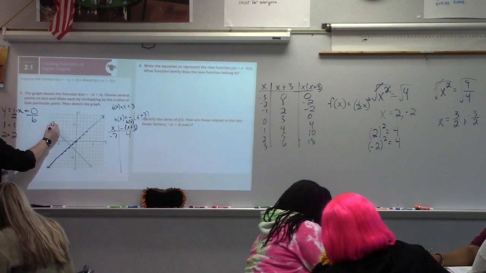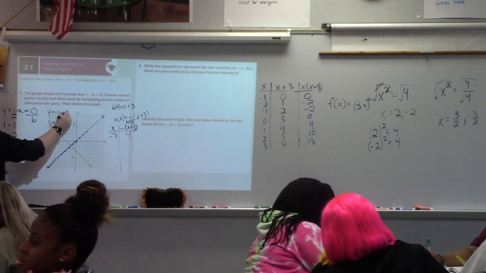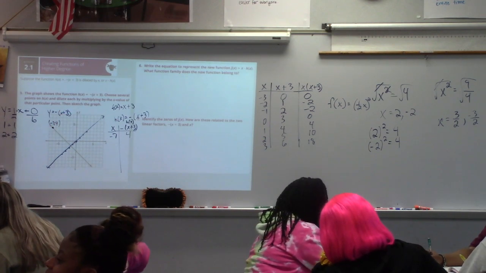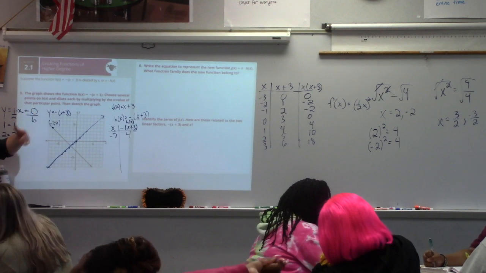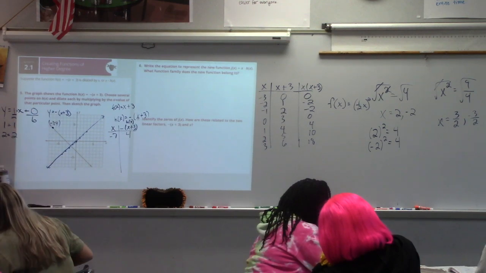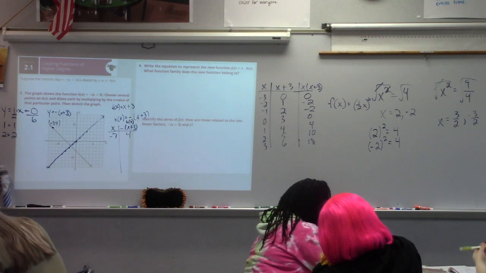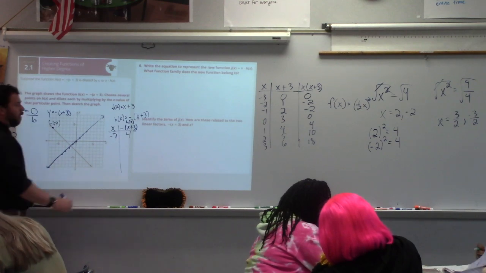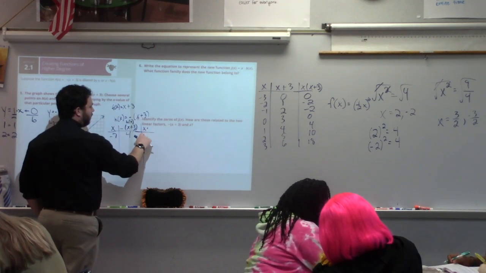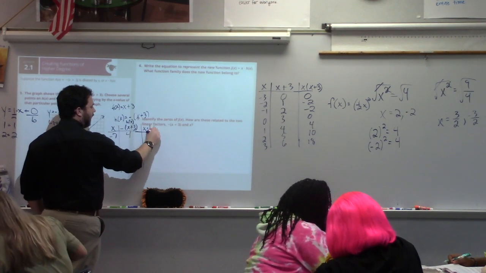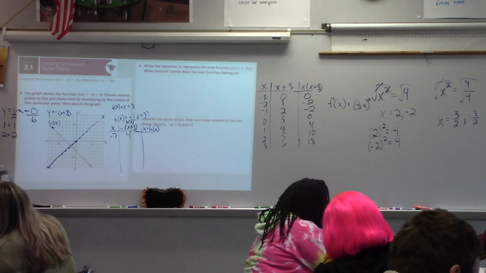Because remember, y'all, this is the line y equals negative x plus 3. Every point on this line should make that equation true. Right? So I didn't have to do all of that work. You can, but notice the last detail is x times h of x, and so you would just multiply those two. That's what you're doing if you're doing it tabularly.